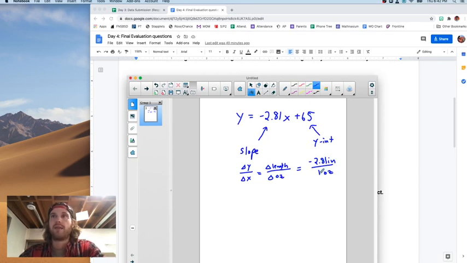So if I increase the size of my can 1 ounce, on average, I can expect my bridges to get 2.81 inches shorter. That's what that number means in real life. It has physical meaning to the problem based on the data we collected.